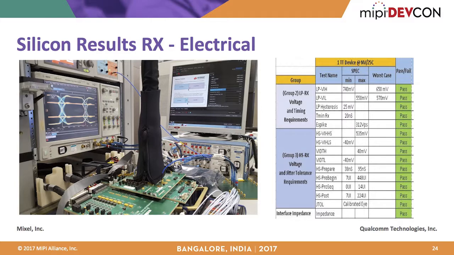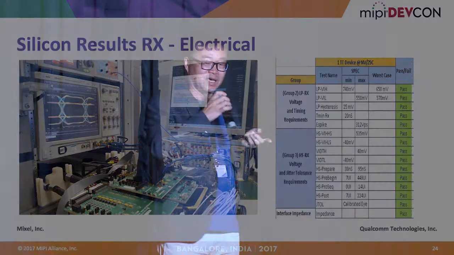The test setup is very similar, but for RX, the test pattern is driven by a test machine called the AWG. The three-level signaling is driven by this machine, and the receiver takes it, processes it, and checks the electrical timing parameters based on a go/no-go test.